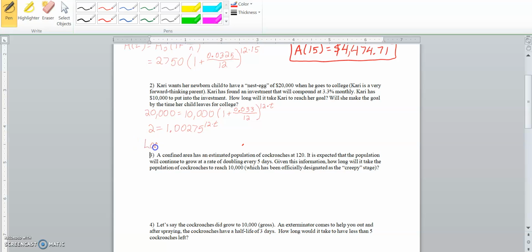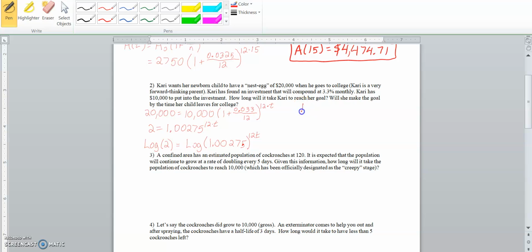So log of 2 is log of this number. The rules of logarithms say if we have an exponent on a logarithmed number, we can rewrite it so that the exponent comes out front.